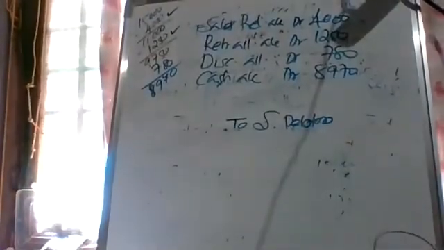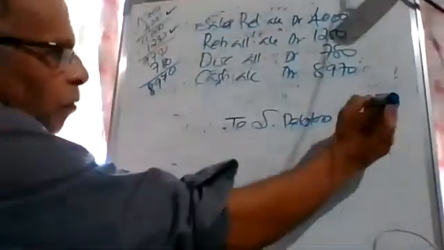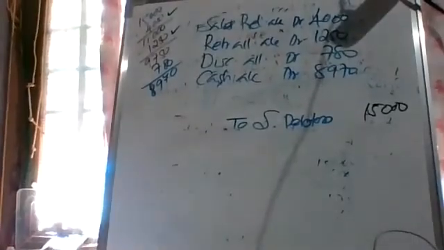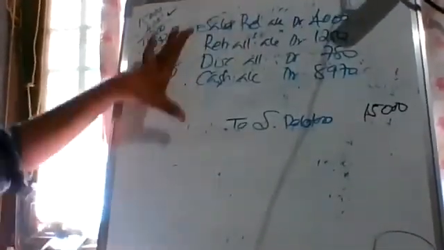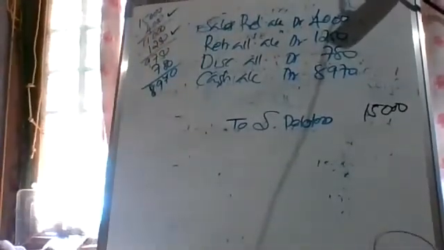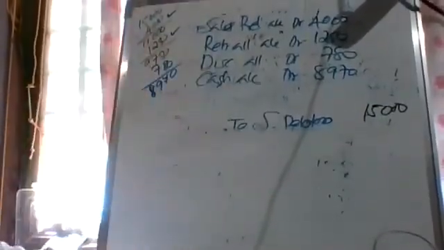Are you getting 15,000? Yes, sir. Just like in the previous class, an Olympiad question. If you are breaking this into two journal entries, here is only one compound journal entry. Suppose we want to pass two compound journal entries, one for receipts, another for adjustment.